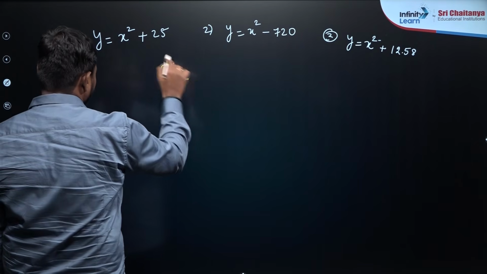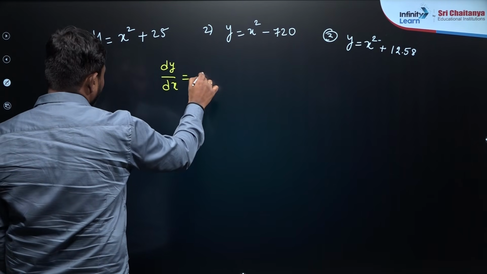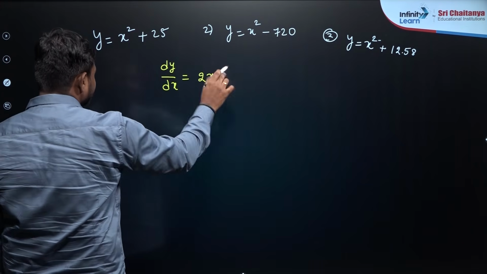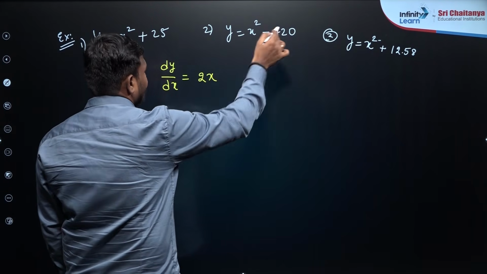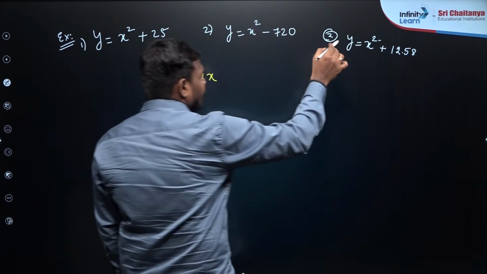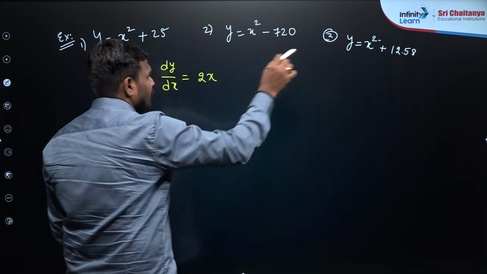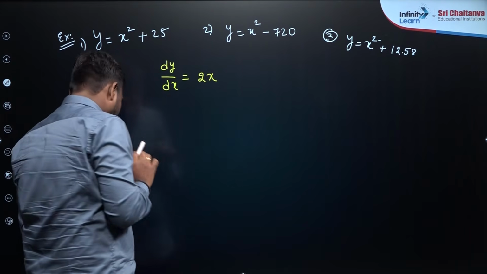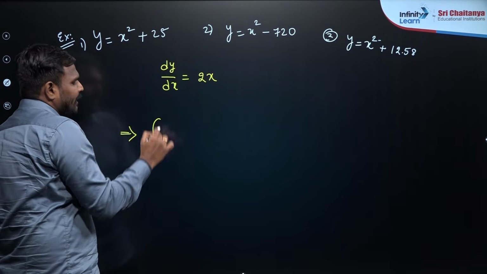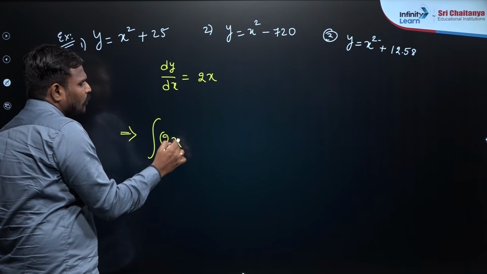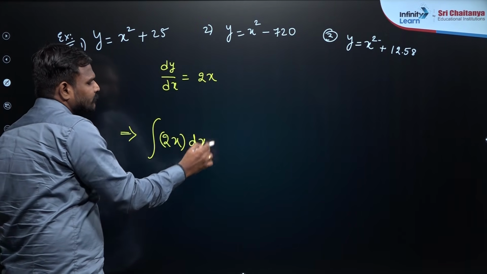X square derivative, multiply the power, subtract 1 from the power, 2x, plus constant derivative 0. Here x square derivative is 2x, constant derivative is 0. Here x square derivative is 2x, constant derivative is 0. Now, when you come to integration, you will get only integral 2x into dx.